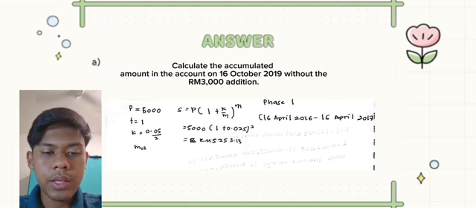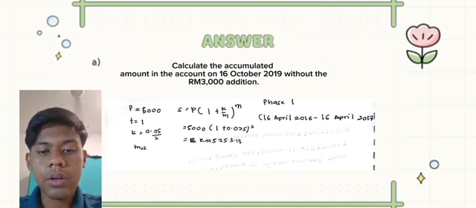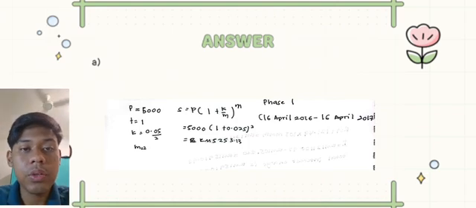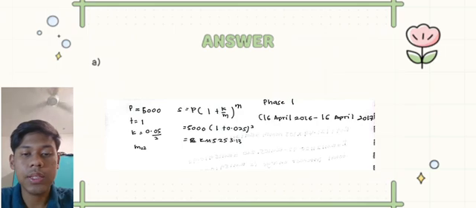Okay, for question A, calculate the accumulated amount in the account on 16 October 2019 without the RM3,000 addition. P equals 5,000, T equals 1, K equals 0.05, divided by M. For 16 April 2016 to 16 April 2017, with an interest rate of 5% and without the additional RM3,000, I solved this problem and I got RM5,253.13.